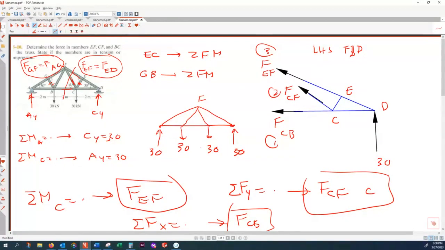That is most useful to find the reactions. The second technique was method of joint. Method of joint is simple, but it can only handle two unknowns at a time. It means choosing the first step for method of joint can be tricky. Sometimes maybe you can't start with method of joint. You have to start with entire structure before you can do the method of joint.